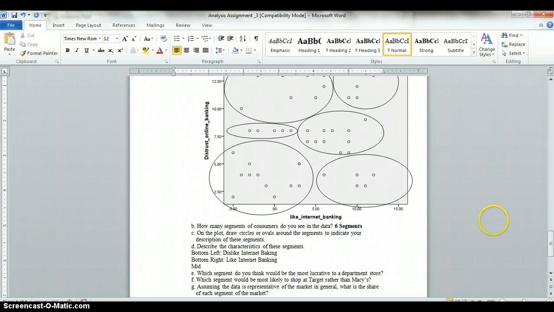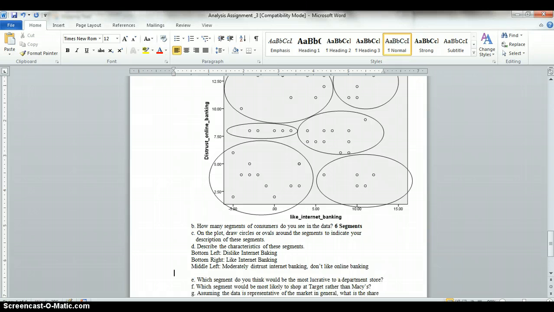So I'll say middle left. These people moderately distrust internet banking and they don't really like it. These people, middle right, like internet banking, but they're kind of skeptical of it.